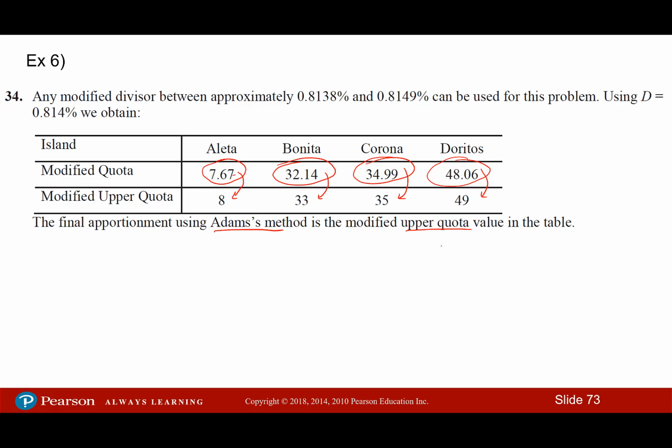So I am adding up 8 plus 33 plus 35 plus 49, and that's 125. So off to the side, this plus this plus this plus that gave you 125. That means we are done. The reason it helped is because they actually told you which divisors would work already. So that's kind of nice.